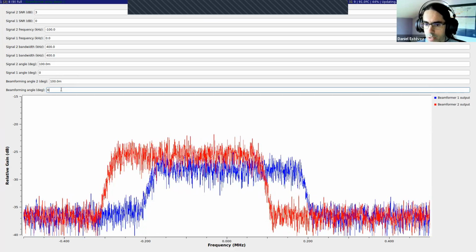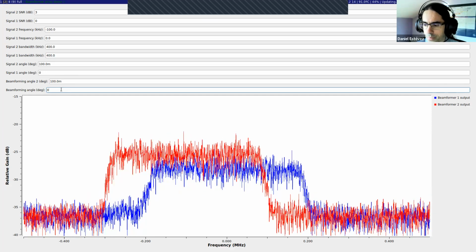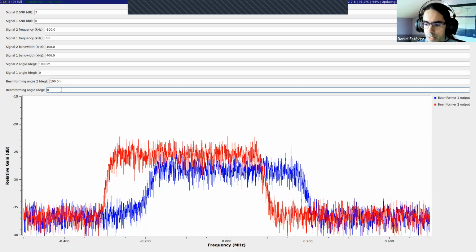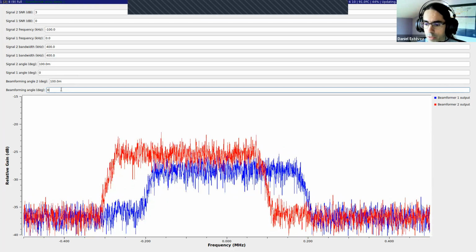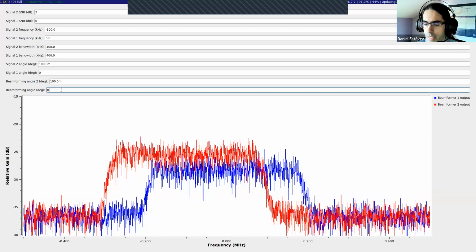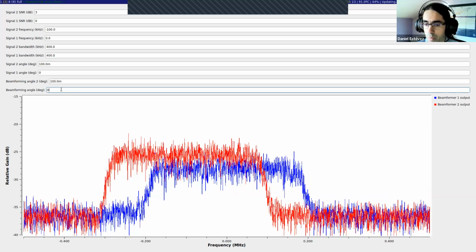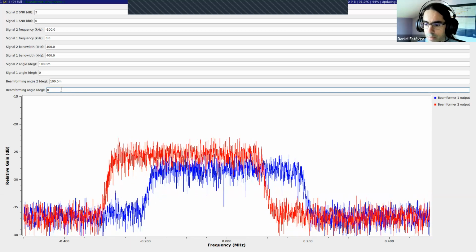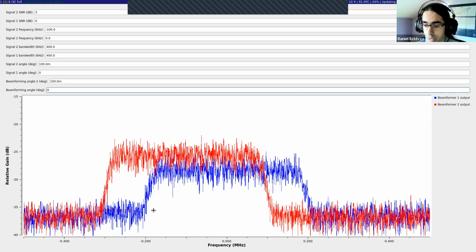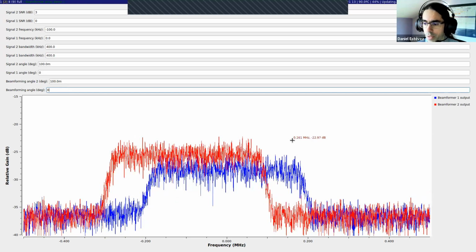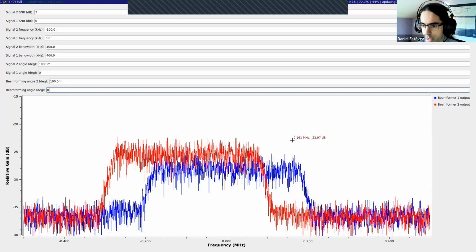We can track objects which move quickly. We are limited by something called the primary beam width of the telescope. The primary beam width is the beam width of each individual antenna, which is much larger than the synthetic beam width that we obtain with beamforming. But even so, it's some beam width.